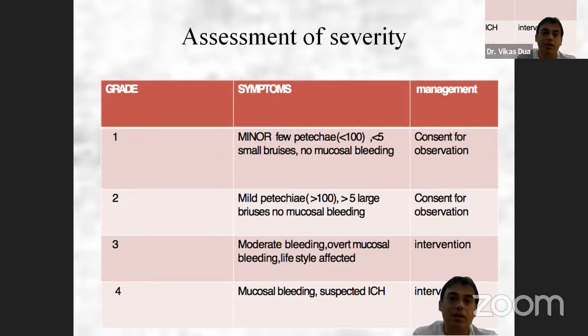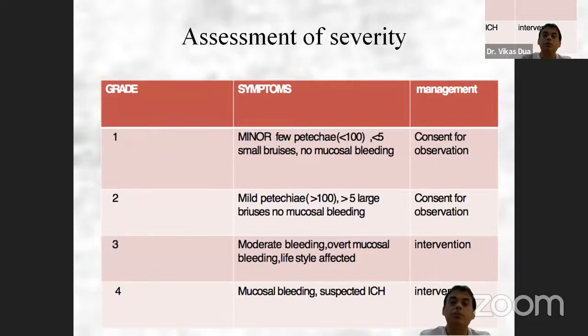So please understand that a patient who has a mucosal bleed needs intervention, which simply means a patient coming to you with epistaxis, hematuria, or GI bleed needs therapy, needs to be treated. And if that is not the case, please ask the patient to open the mouth.